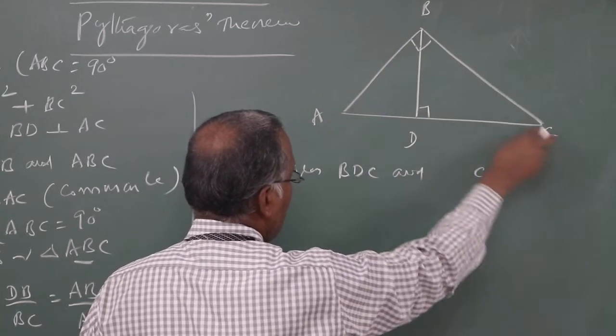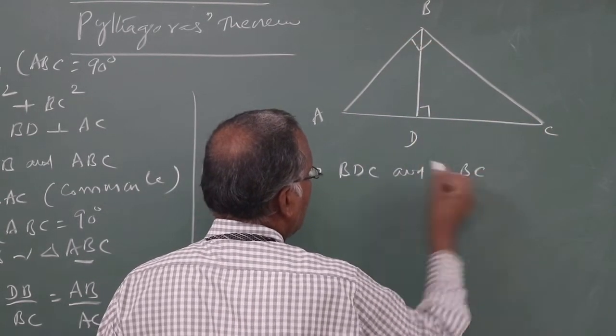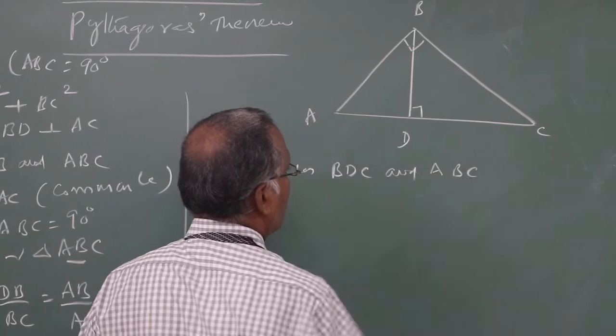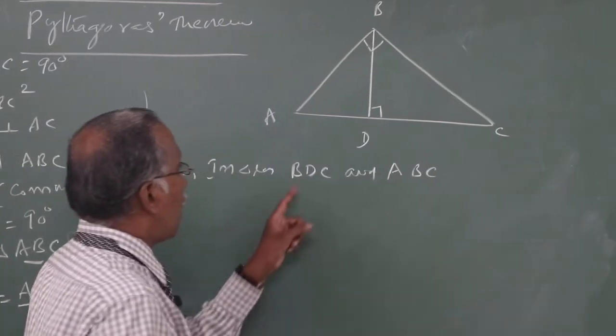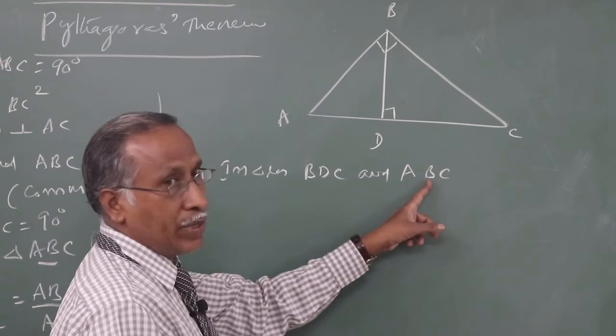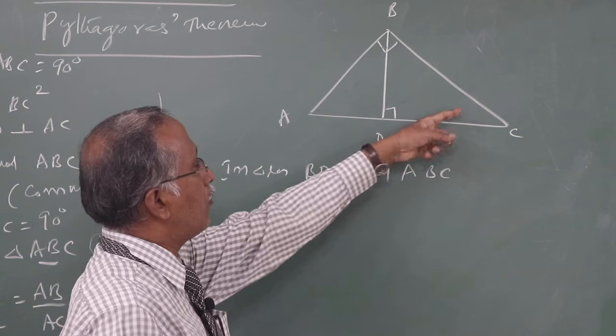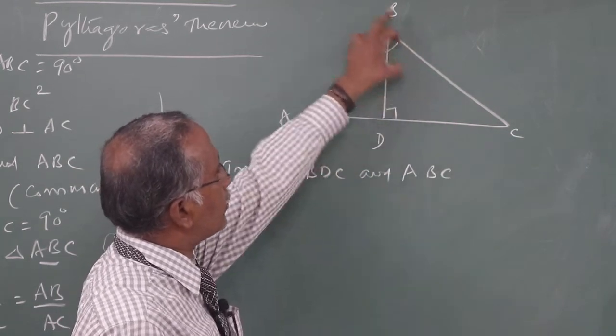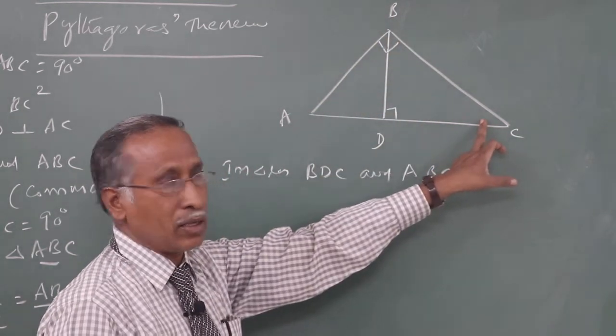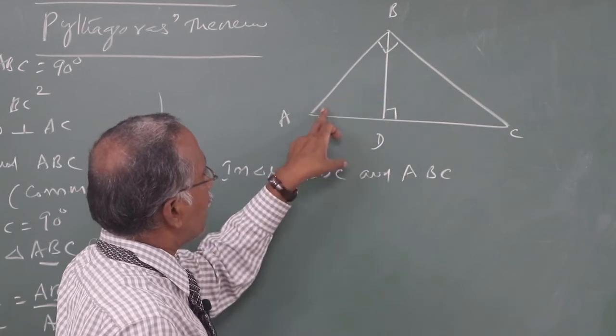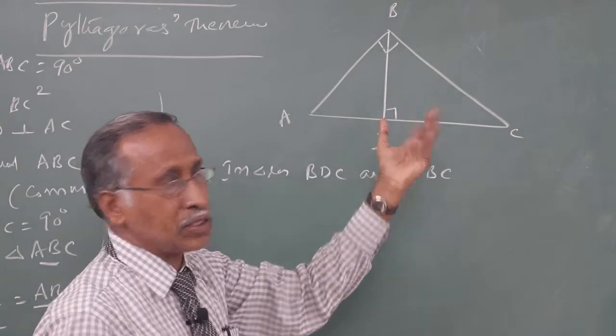In the triangle ABC, angle B is 90 degrees. Angle C is common in these two triangles. When I am comparing this triangle with ABC, angle C is common; if I compare the other one, angle A is common. That's all the difference between these two.